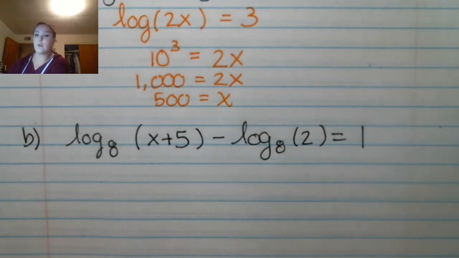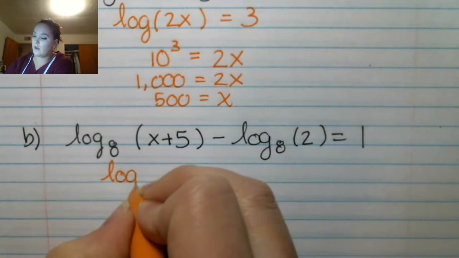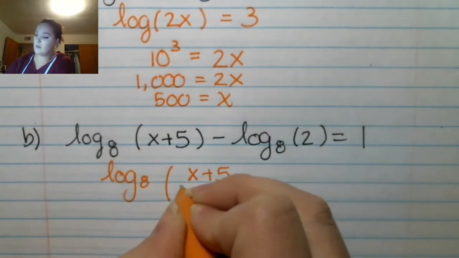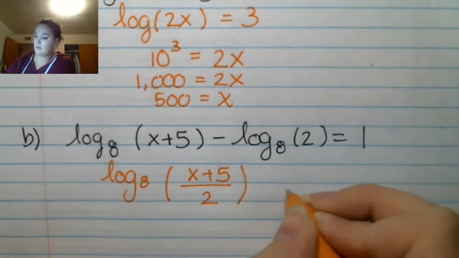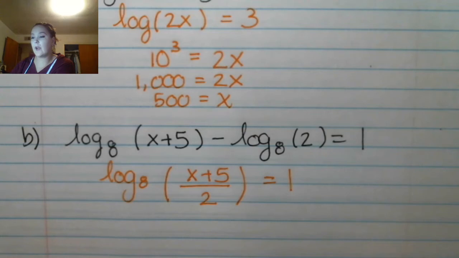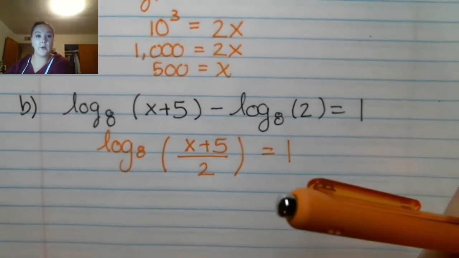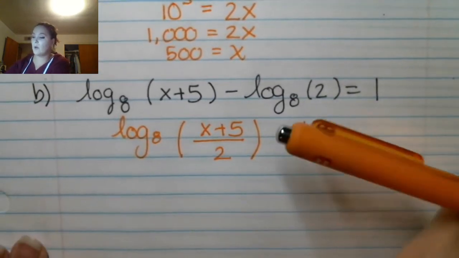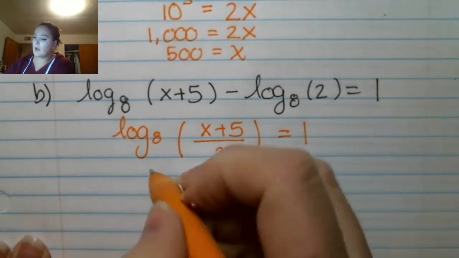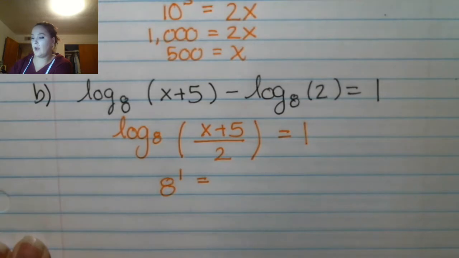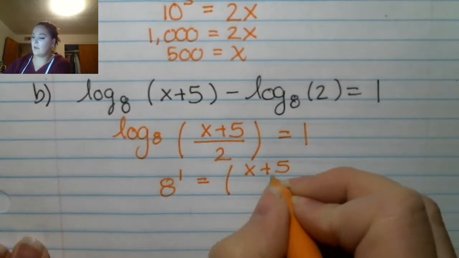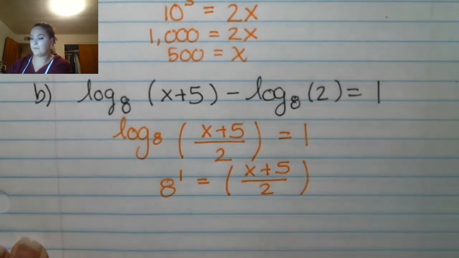So the subtraction makes a quotient inside of our log. Now we have a single log and it's isolated, so we're going to go ahead and change to exponential form. So the base of our log becomes the base of the exponent. Our exponent is 1, and then the other side of our equation is x plus 5 over 2.